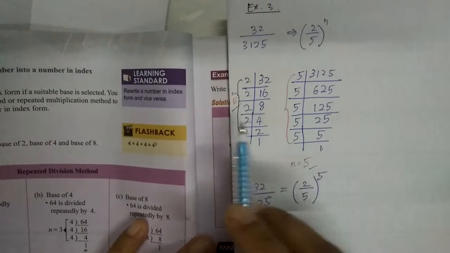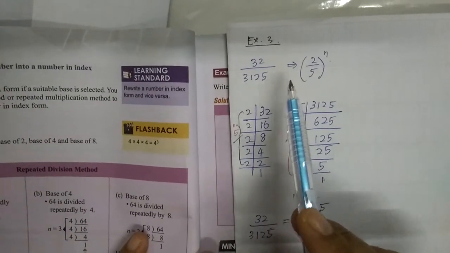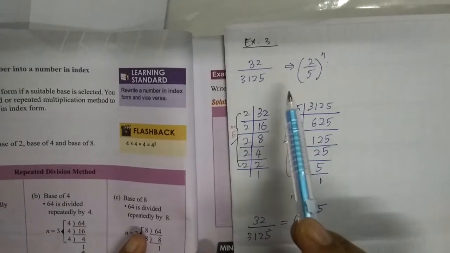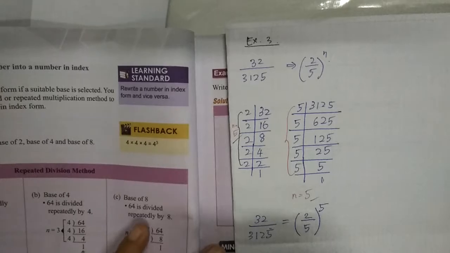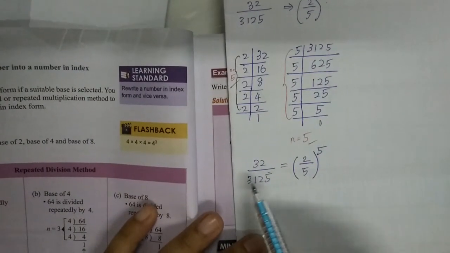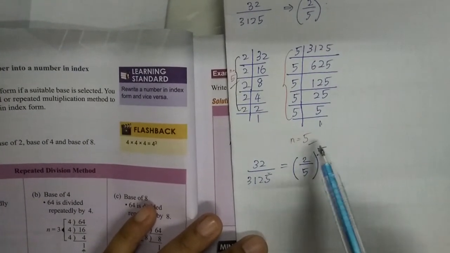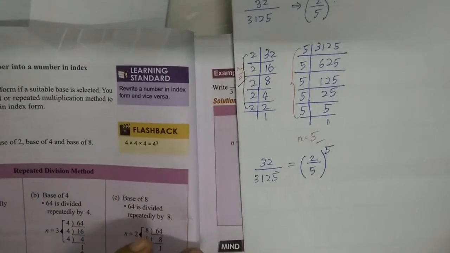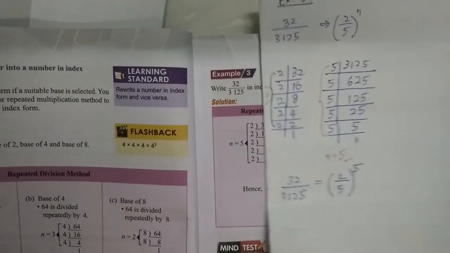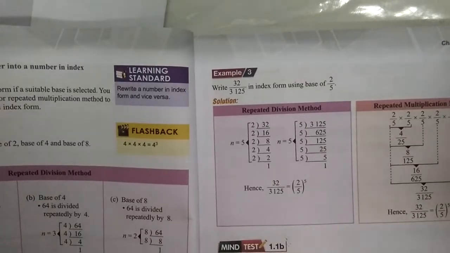Don't worry, the value of n will be the same if the question gives it to you like this. If the question asks you to write in index form, don't worry, you will get the same number. So 32 over 3125 equals 2 over 5 to the power of 5. Okay, finish example 3.